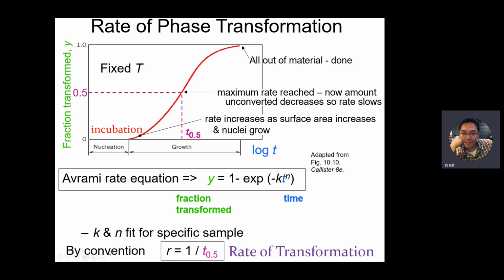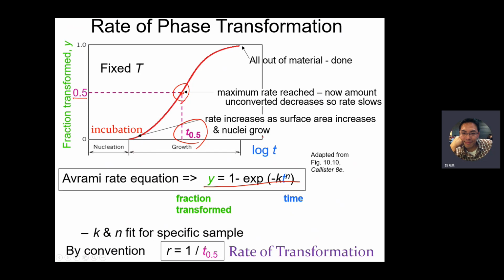When this phase transformation reaches 50% to here, right? This point. And we can figure out how long it takes to reach 50% of phase transformation, right? So we define it as t.5.